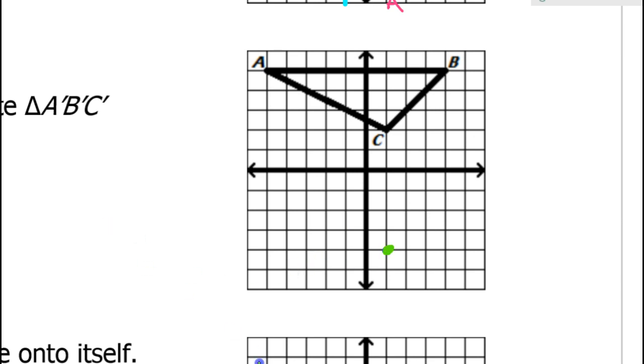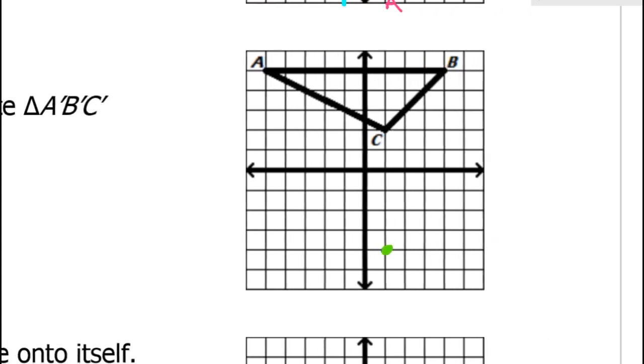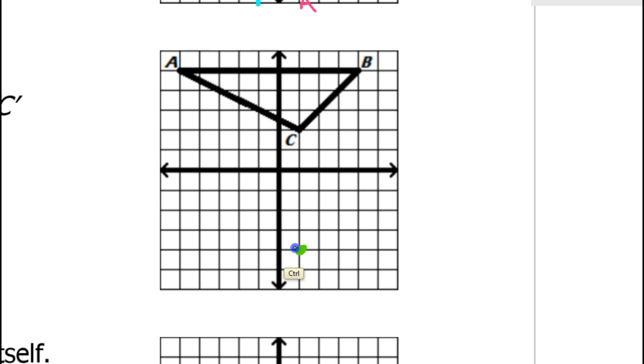So, if you want to do a dilation from this point, you need to ask yourself what path you would have to take to get from the center to each point.